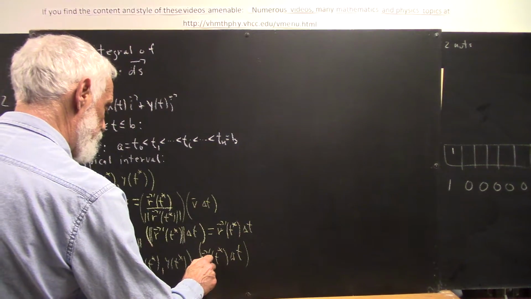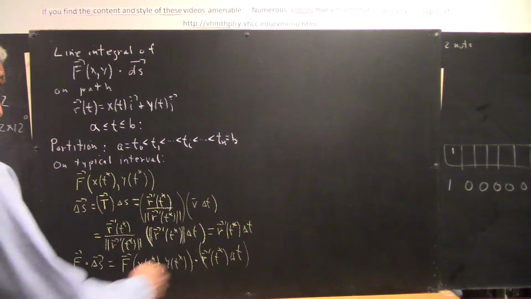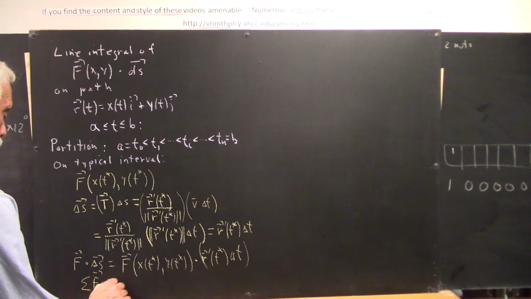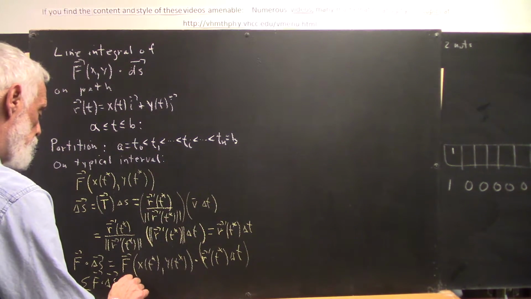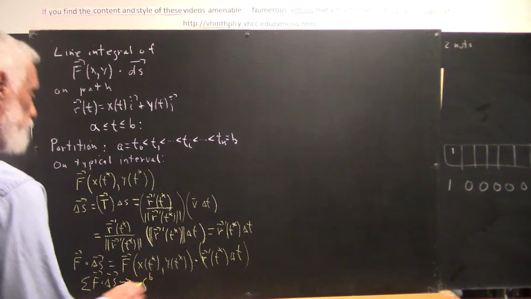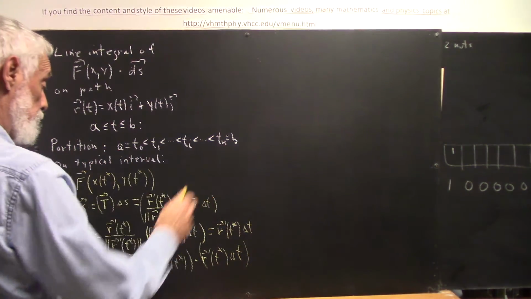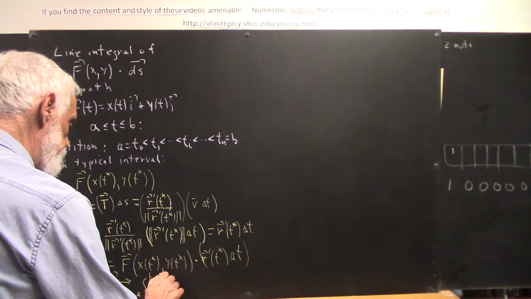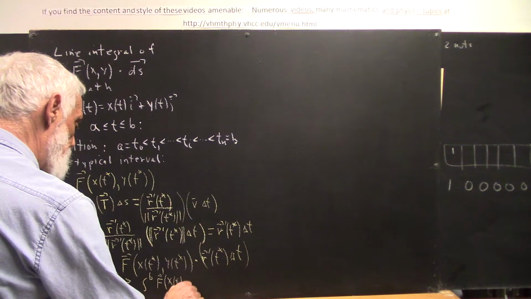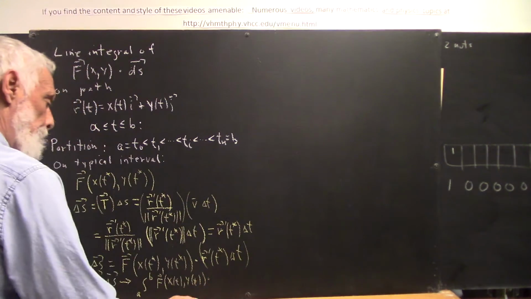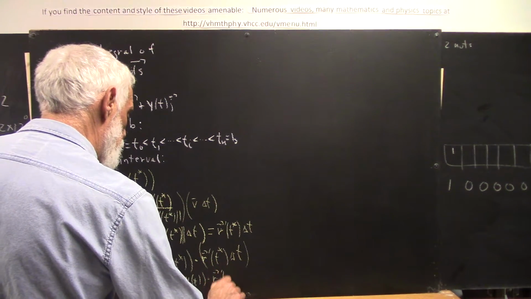I didn't draw that exactly where I wanted to, but hopefully you can read that. And then the sum of our F dot delta s approaches the integral from a to b, because we partitioned the interval from t equals a to t equals b, of F of x of t, y of t, dot r prime of t dt.